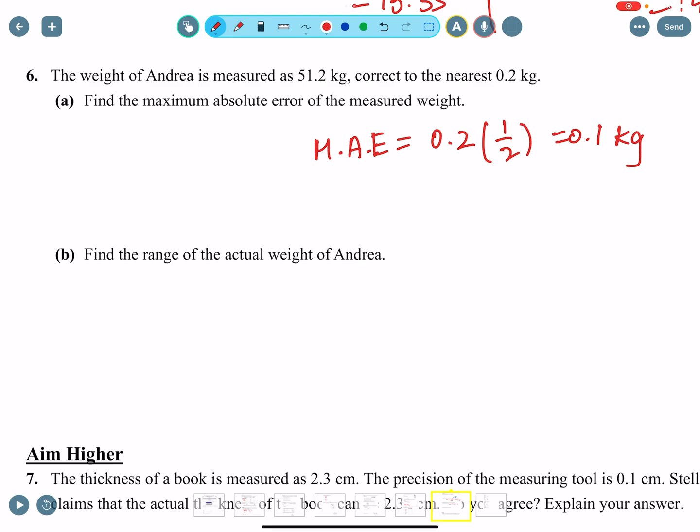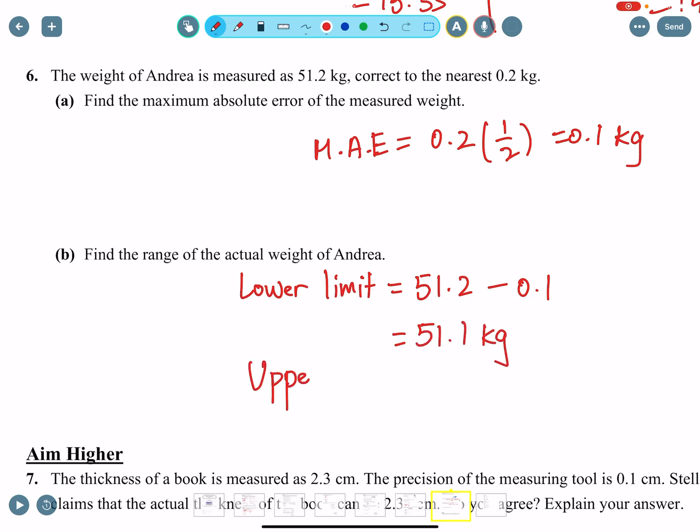For a range, you need a lower limit, which is 51.2 kg minus 0.1 kg. So we're going to have 51.1 kg for the lower limit. The upper limit, I think you can use your mind, but I'll just write it down because it's a tutorial video. 51.2 plus 0.1, which is 51.3 kg.